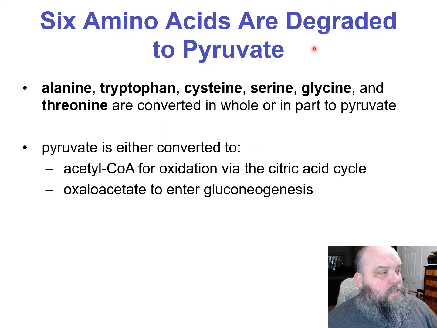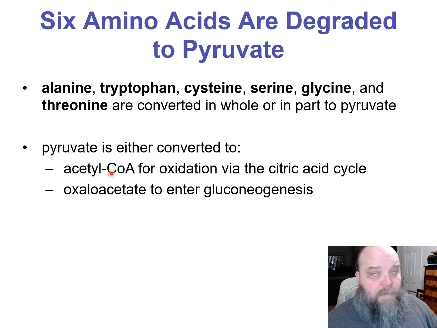So our 6 amino acids that are degraded to pyruvate: alanine, tryptophan, cysteine, serine, glycine, and threonine. Okay, they're converted in whole or in part to pyruvate. Certain ones of these are only 3 carbons in length. Some of them are more, so there's going to have to be some cleavage here and there.